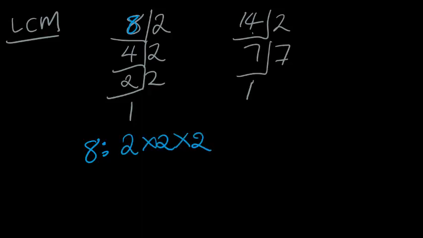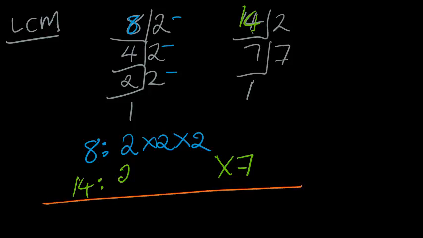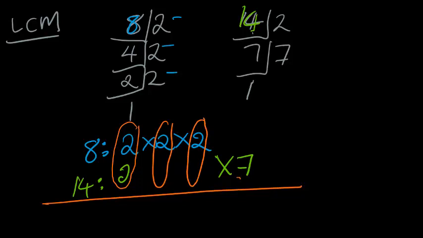And then the factors of 14 is going to be 2 times 7. Now, before we continue, why do I write the 7 at the back here? Because all of these numbers need to have the same digit inside. So these 3 are all 2's inside, and the 7 must have its own column.